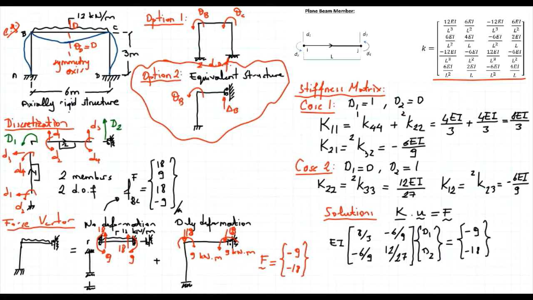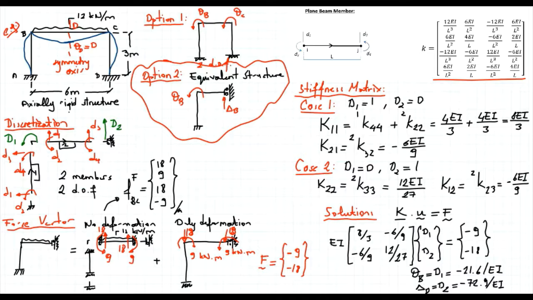And when you solve this thing, we obtain the rotation at B, which is equal to D1, as equal to minus 21.6 over EI, and delta D, that will be equal to D2, and that's equal to minus 72.9 divided by EI.